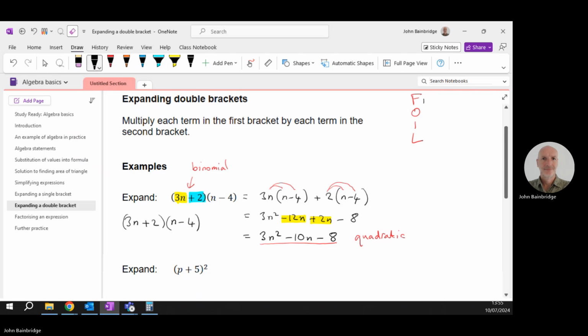So we've got first, outer, inner, and last. The first means you take the first from each bracket. So it's 3n times n. And then you take the outer, so that's the 3n and the minus 4. That's the outside terms of both brackets. Then you do the inner terms, so it's the 2 times n. And then you do the last ones from both brackets. So you're doing that sort of pattern.